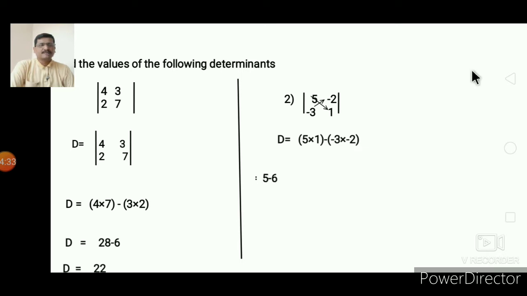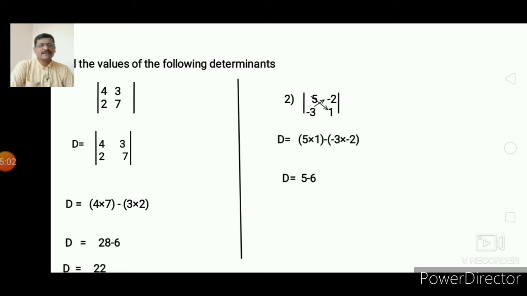Both these two numbers have the same sign. Therefore, in multiplication, if two numbers have the same sign, then the product is always a positive number. Therefore, 5 minus 6.